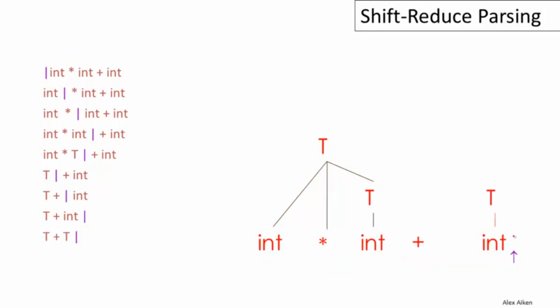But fortunately, there is a sequence of reduce moves from this point that we can perform. So here we reduce int, and then we reduce t plus t. Oh, forgot. We first reduce t to e, and then we reduce t plus e back to the start symbol.